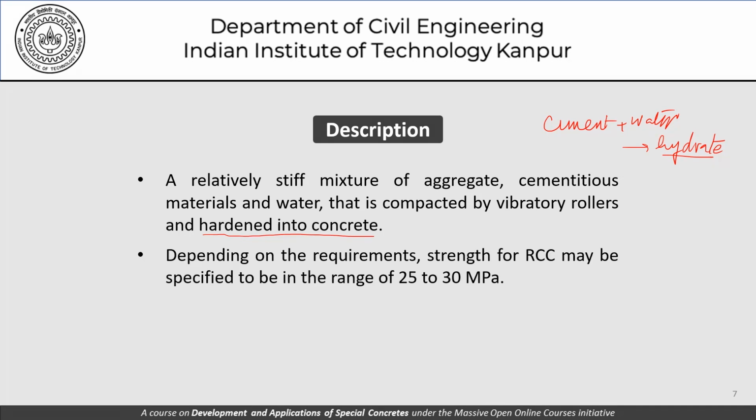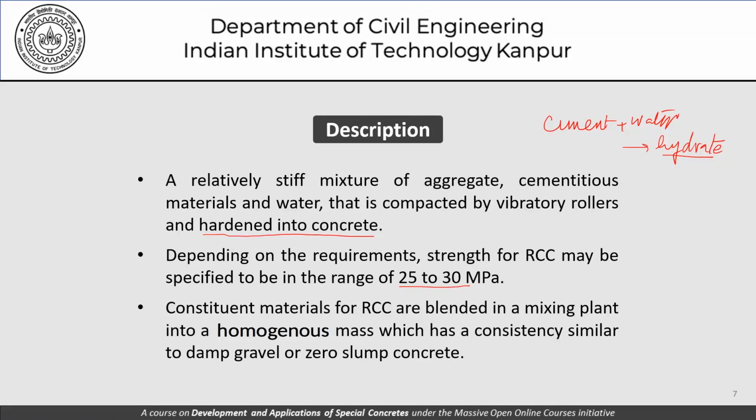Depending on the requirements, the strength of RCC may be specified in the range of 25 to 30 MPa, or it could be less or more, whatever you want. Constituents for RCC are blended in a mixing plant into a homogeneous mix, which has a consistency similar to damp gravel or zero slump concrete.